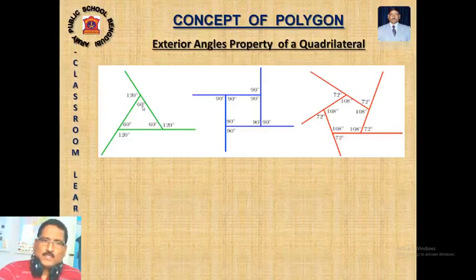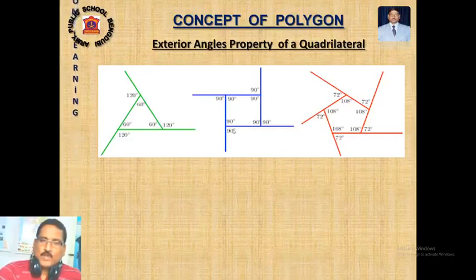So if inside is 60, outside will be 180 minus 60, which is 120. Now if I add the 3 angles, you will notice it will be 360 only. So in the case of a triangle, it is 360.